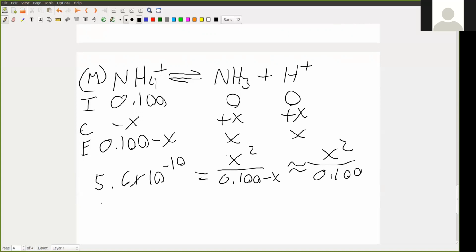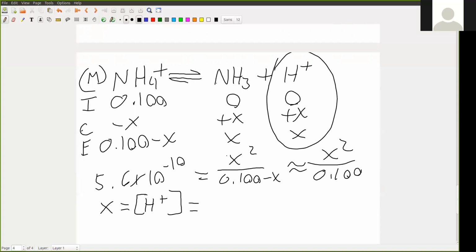When you solve for x, you're also solving for the concentration of protons. And that ends up being 7.5 times 10 to the minus 6.